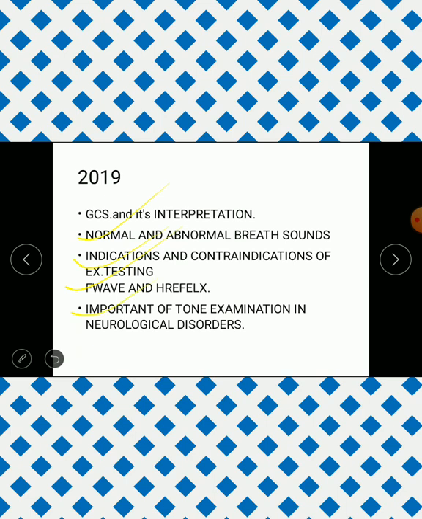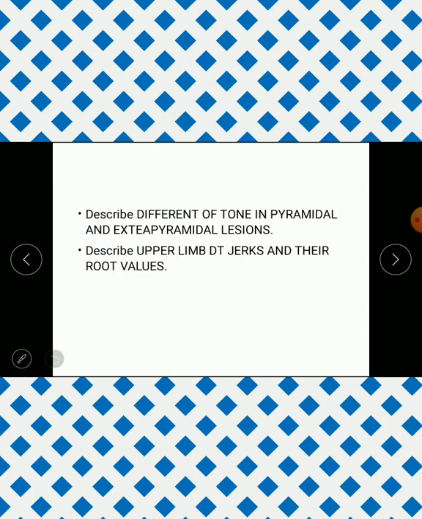Importance of tone examination in neurological conditions or neurological disorders. Describe the difference of tone in pyramidal as well as extrapyramidal lesions. Then describe upper limb DTJs, that is deep tendon jerks, and their root values.